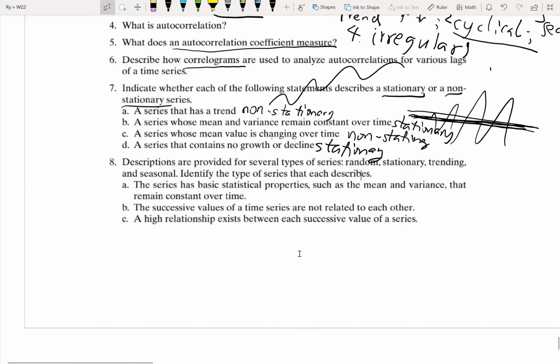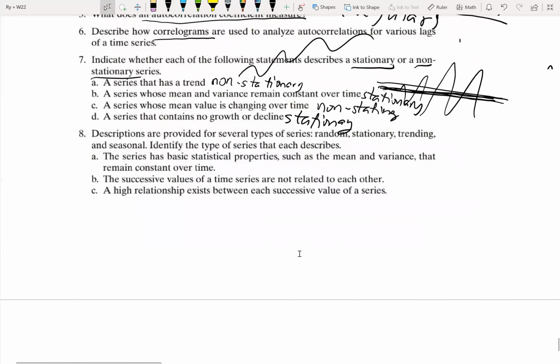All right. So question 8. Descriptions are provided for several types of series: random, stationary, trending, seasonal. Identify the type of series that each describes.